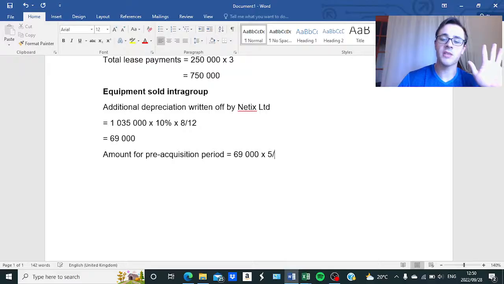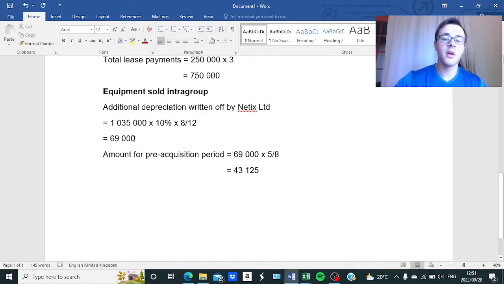And we have written off depreciation on this equipment for 8 months. So we have 8 months. Therefore, we multiply by 5 over 8, and you should get an amount of 43,125.